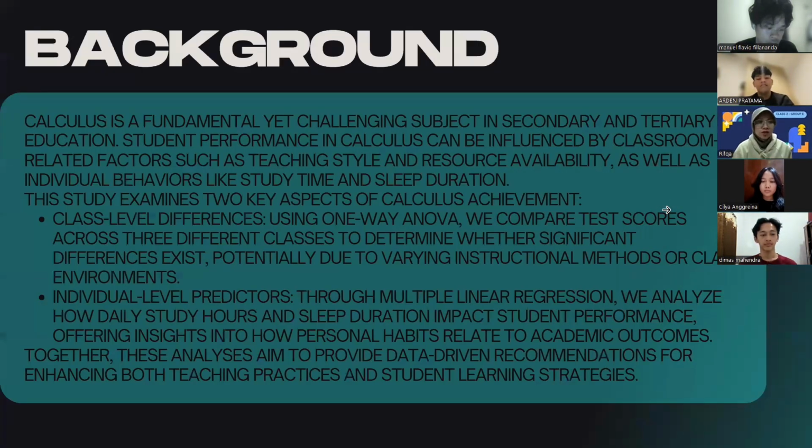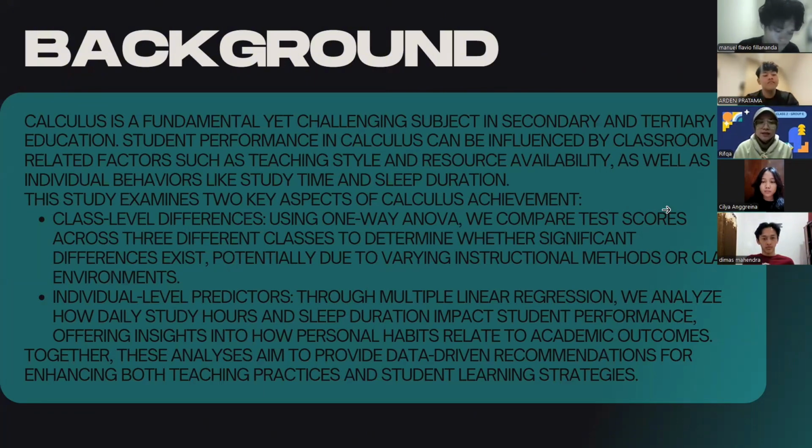Background: calculus is a fundamental yet challenging subject in secondary and tertiary education. Student performance in calculus can be influenced by classroom-related factors such as teaching style and resource availability, as well as individual behaviors like study time and sleep duration.